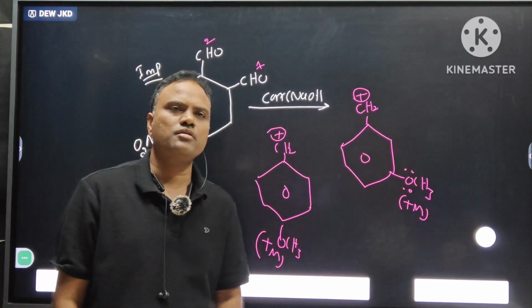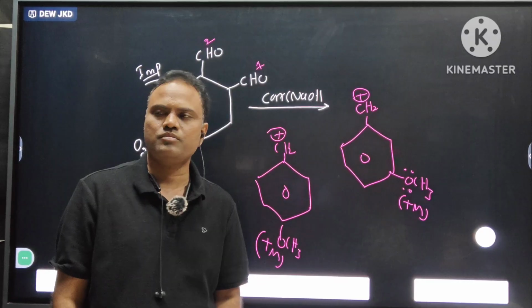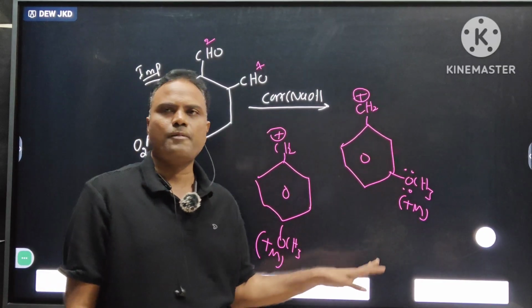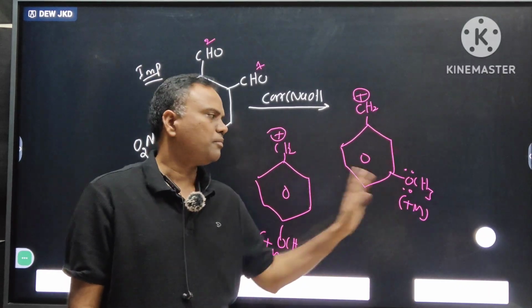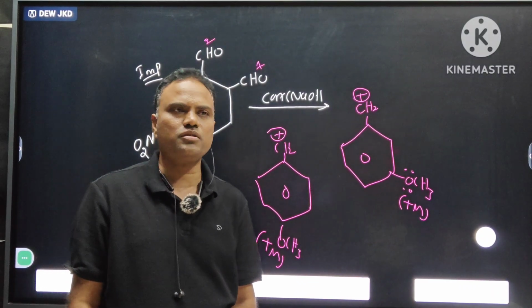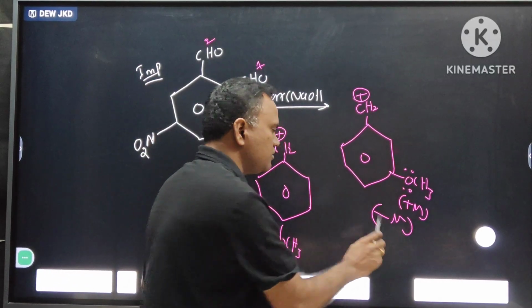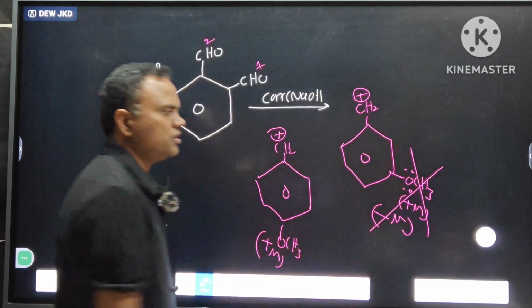Why? Plus M group does not work in the meta position. Plus M, minus M effects do not work in the meta position. So here plus M will be cancelled.